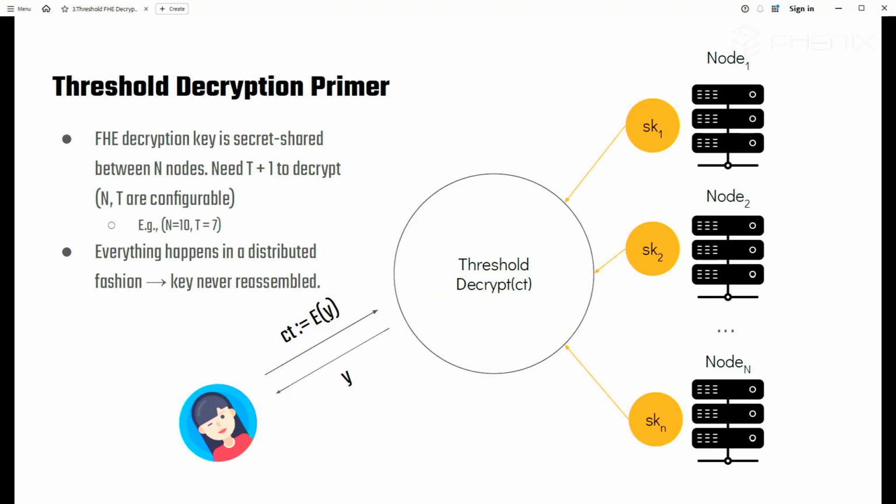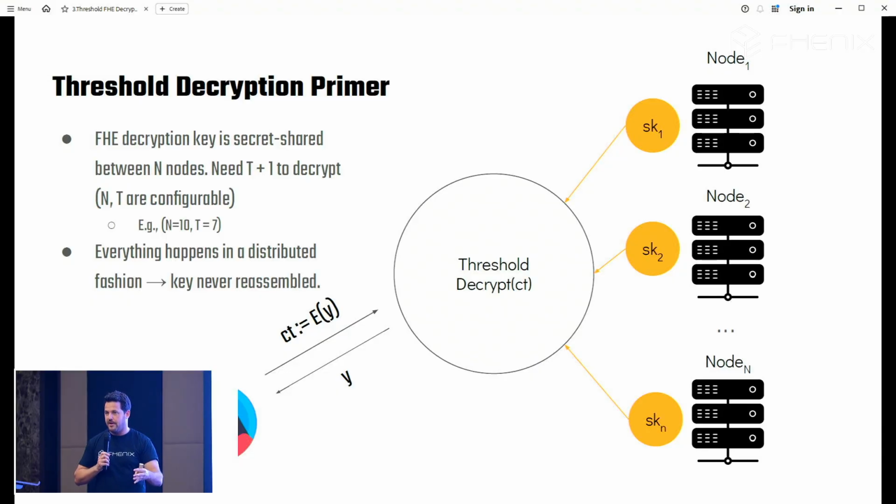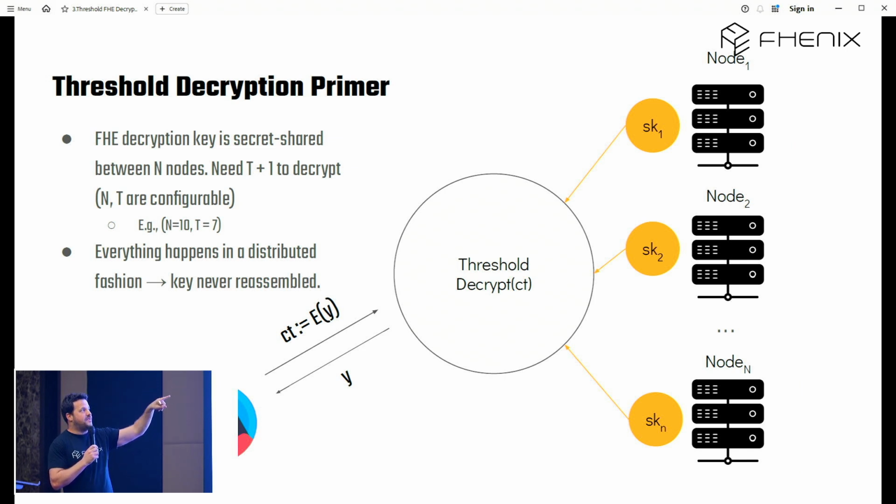Threshold decryption is basically decryption, but instead of just me having the private key, the secret key, what you see is SK, we take that secret key and split it across a network. There can be n nodes in that network. N is a parameter. Obviously, in a blockchain, the more nodes you have, the slower it gets.